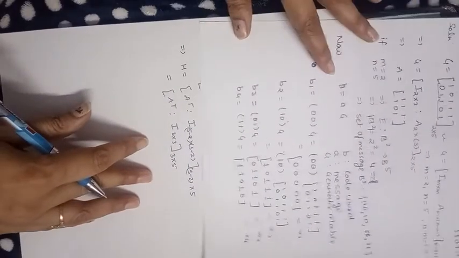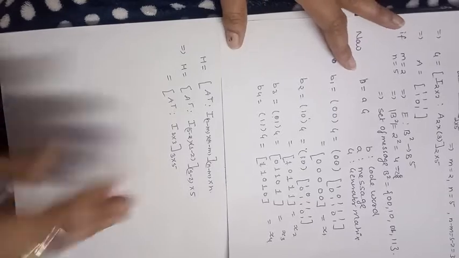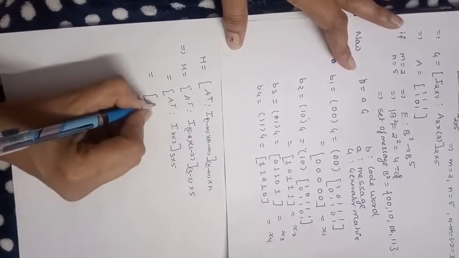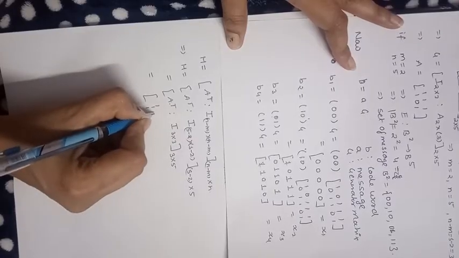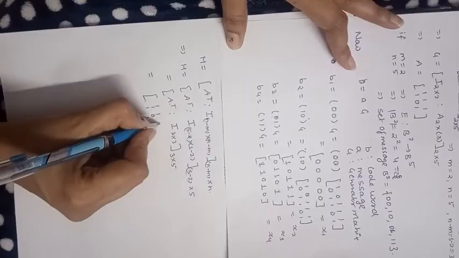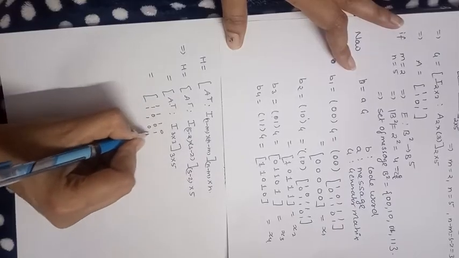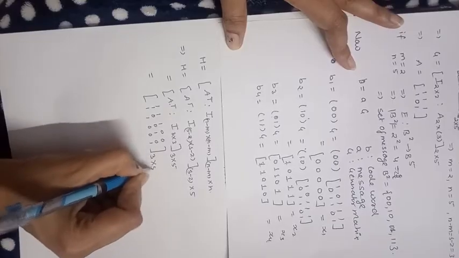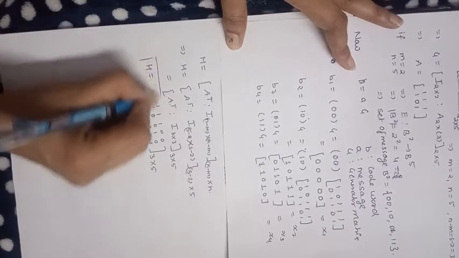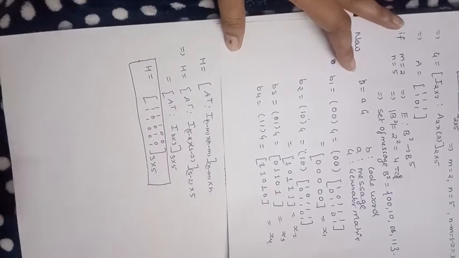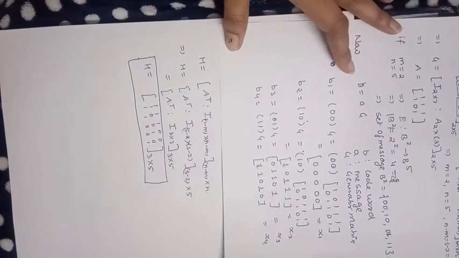And when we write the value of A, what will we get? A transpose is 1 1 1 and 1 0 1, and then the 3 cross 3 identity matrix 1 0 0, 0 1 0, 0 0 1, and finally this becomes a 3 cross 5 matrix. This is the parity check matrix with respect to the given generator matrix.